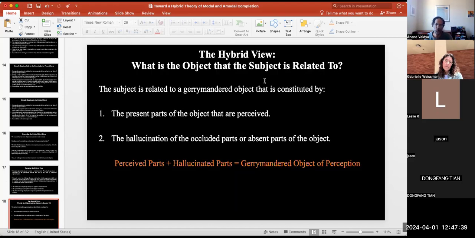Okay. So there is a hybrid view, and we're going to begin by explaining the hybrid view in terms of certain questions you might ask. So the question you might start with is, what is the object that the subject is related to? Because the standard thing in the representationalist-relationalist debate is the question, what is the object related to? The representationalist says, well, the proximal object of perception is the representational object, and the relationalist says it's the object in the world that you're related through, right?